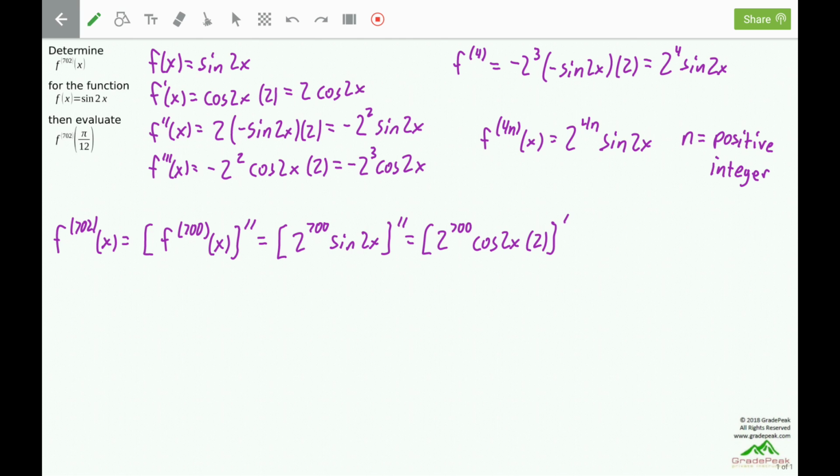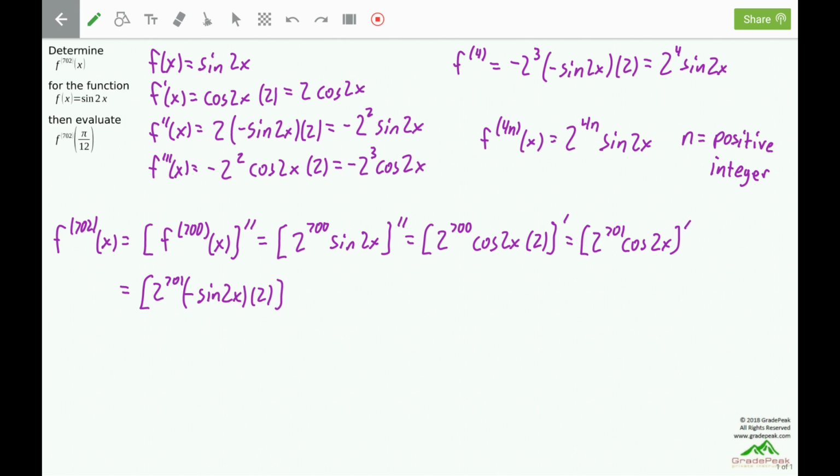We have 1 more prime left, but before I take that, let's move this 2 out with these 2's, and that'll just raise that power to 701. And then we take another derivative from here, so we have 2 to the 701 times the derivative of cosine is negative sine, leave its inside alone, and then multiply by the derivative of the inside to complete the chain rule.